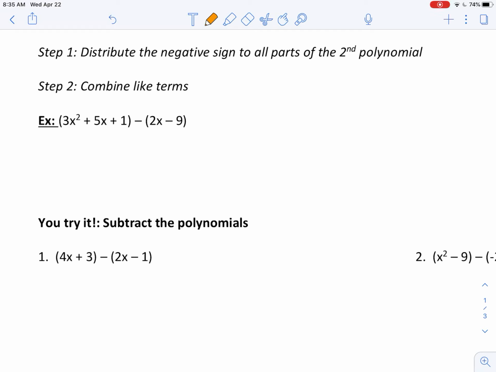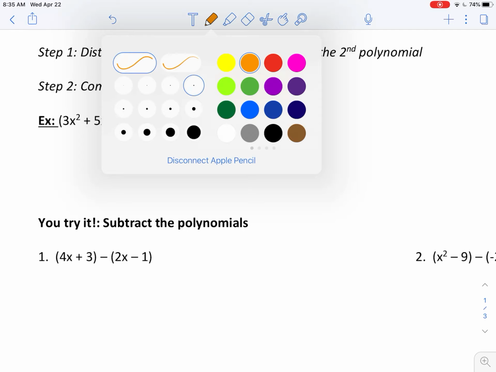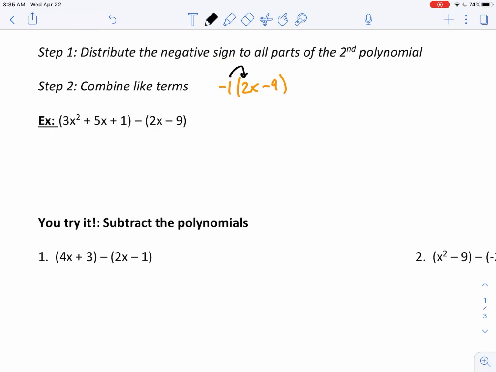Okay, and today we're going to focus pretty heavily on subtracting polynomials. So what we're going to do here is we got this negative 1 out front. So we're going to distribute to both parts. And what that's going to end up doing is making both of these the opposite signs.